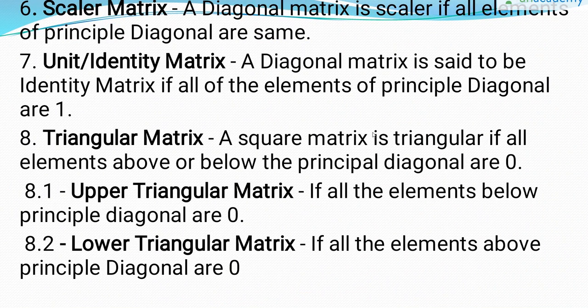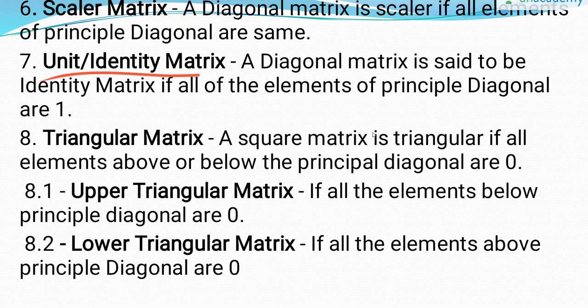Now scalar matrix. A diagonal matrix is scalar if all elements of the principal diagonal are the same, that is d11, d11, d11, or we can write k, k, k, all the elements of the leading diagonal are the same.